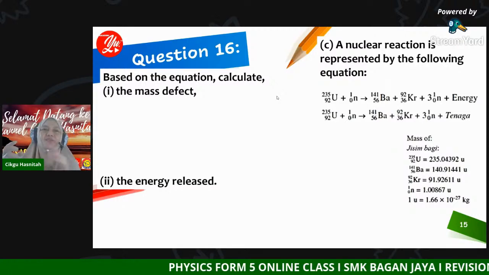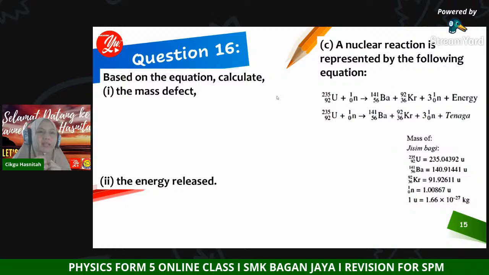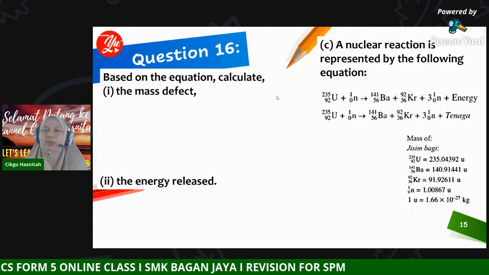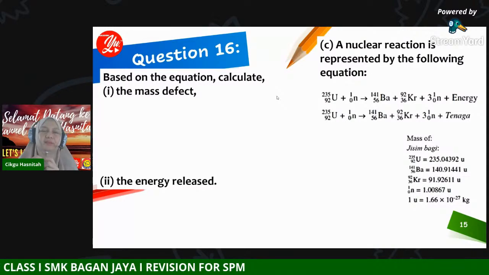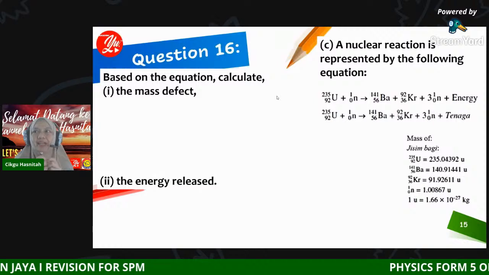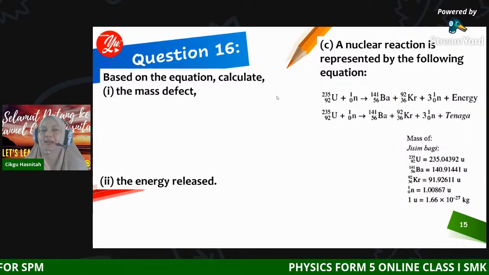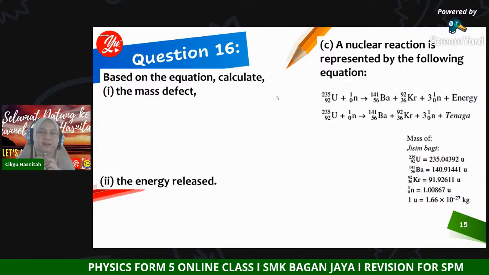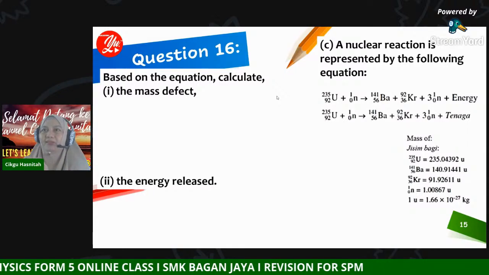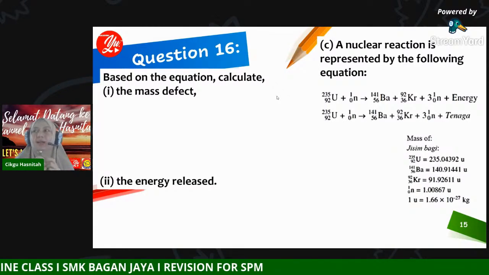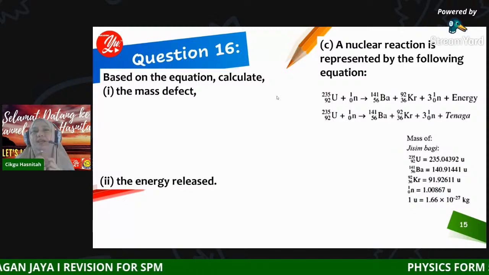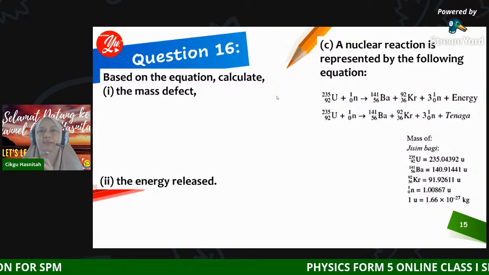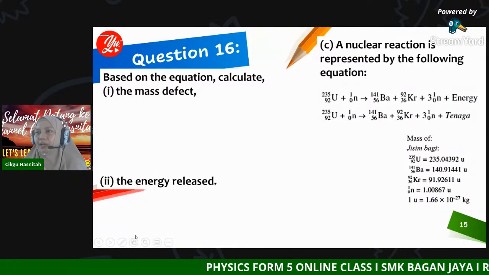If you remember, in your trial exam I placed one question for finding the mass defect and the energy released in a nuclear fission. So the question for C: a nuclear reaction is represented by the following equation.